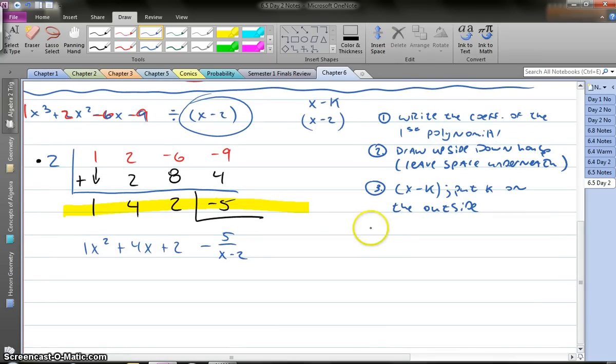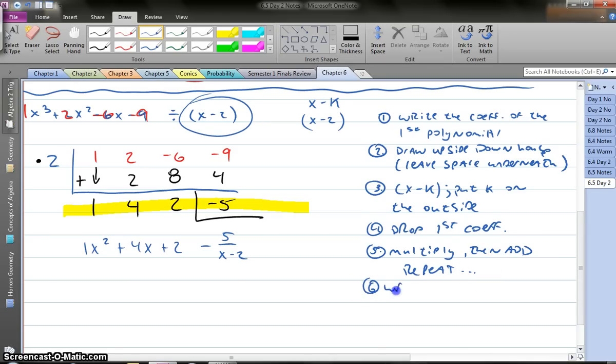All right, then step 4, drop the first coefficient. What we did here, we brought the 1 down. Okay. Multiply, then add, and continually repeat this process all the way through. Multiply, add, multiply, add, multiply, add. Okay, so repeat.